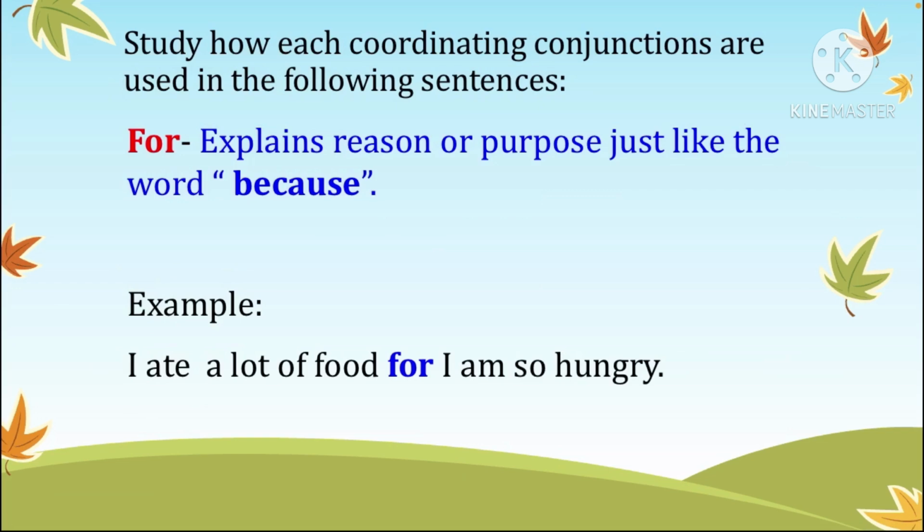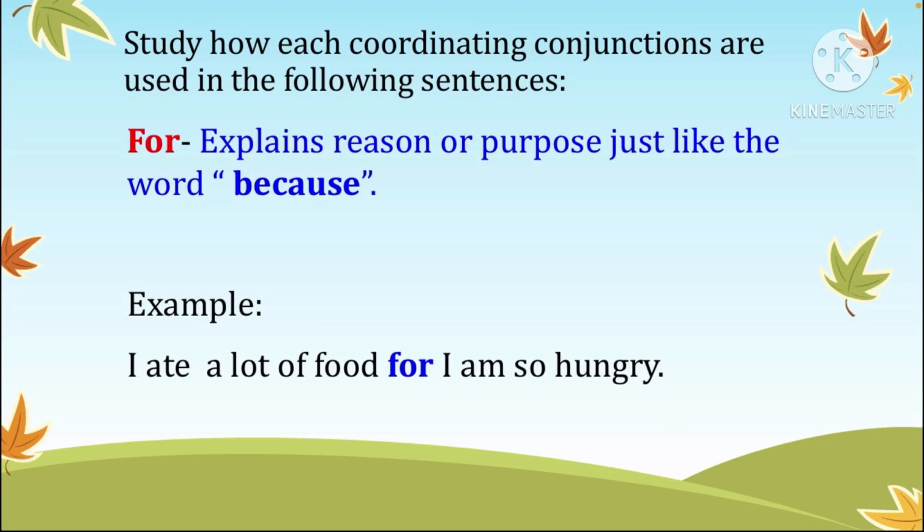Study how each coordinating conjunction is used in the following sentences. For is used to explain the reason or purpose, just like the word because. So, we will use the conjunction for to explain reasons or purpose. Example: I ate a lot of food for I am hungry.